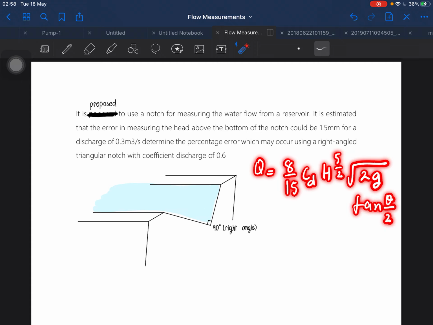So you can try it at home. This is the homework that I'm going to give you guys until I post the next video. I'm pointing my laser still so that you can take a screenshot, because this is the formula for the triangular notch only. Don't try to use it for other shapes, because each shape has its own formula for the weir.